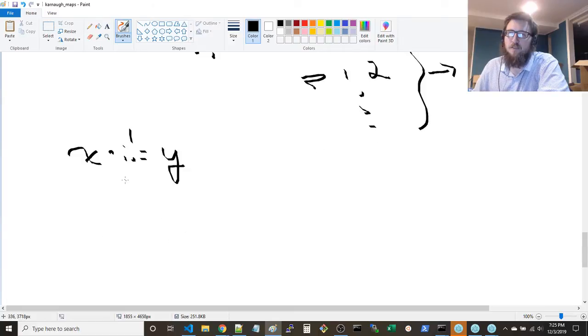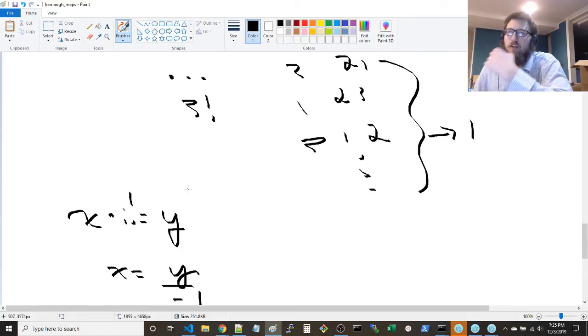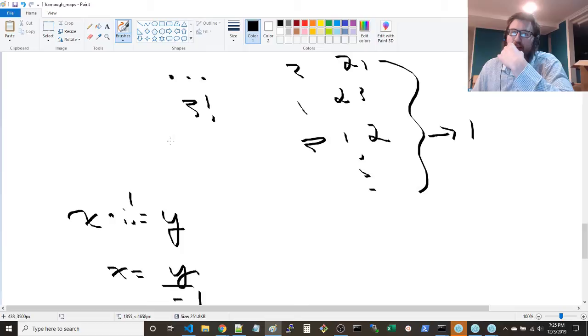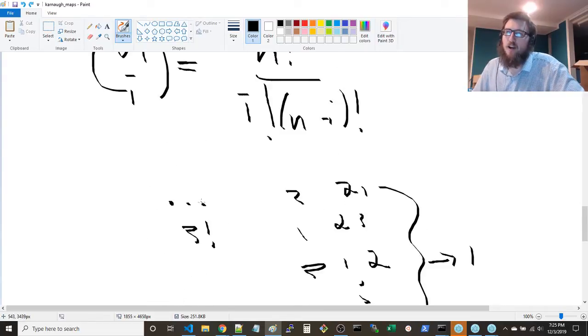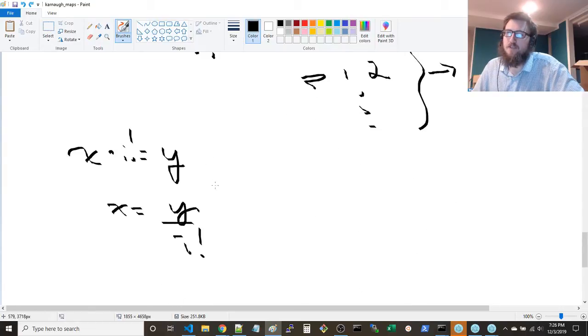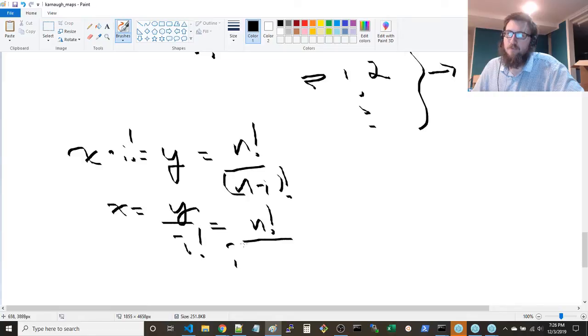That means that x is going to be y over i factorial. What you want times all these permutations gives you what you've got, which is n factorial over n minus i factorial. That implies that you should divide by i factorial.